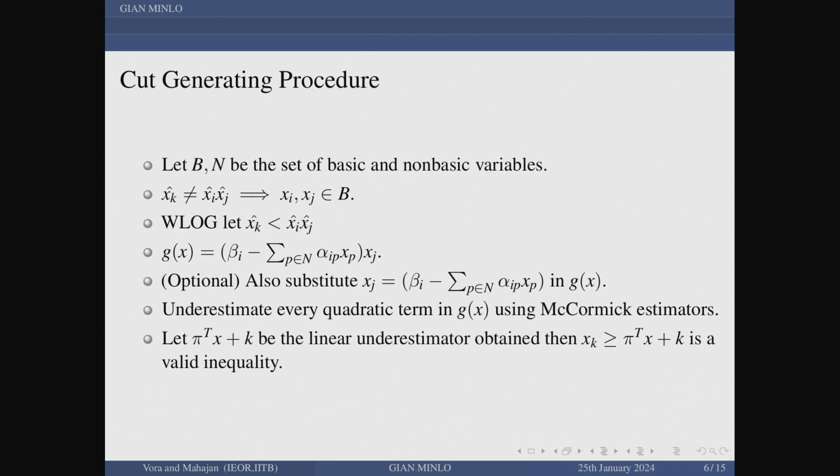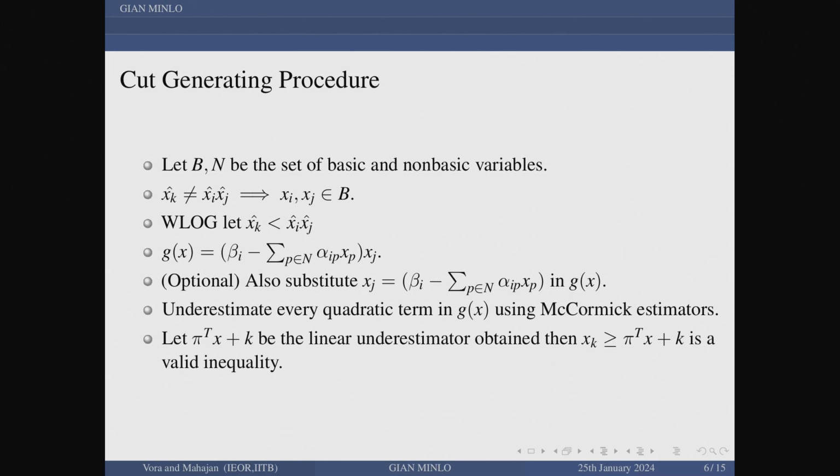Without loss of generality, let us assume that xk hat is strictly less than xi hat xj hat. In other words, the constraint that is violated is xk greater than or equal to xi xj. So what you do is this.